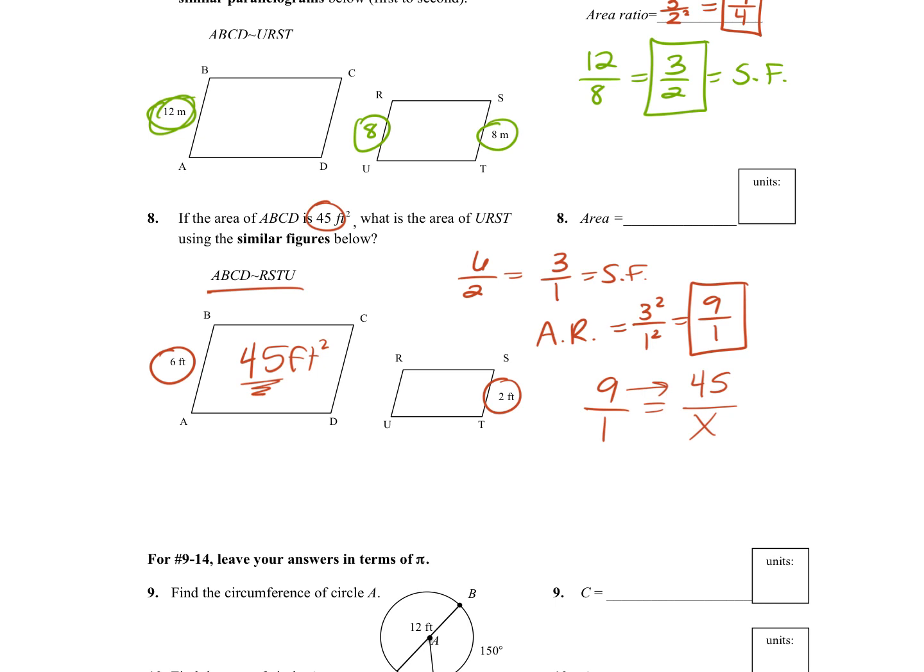You cross multiply. So we're going to say 9x equals 45, and then we're going to divide by 9. So 45 divided by 9 is 5. So your area is 5 square feet.